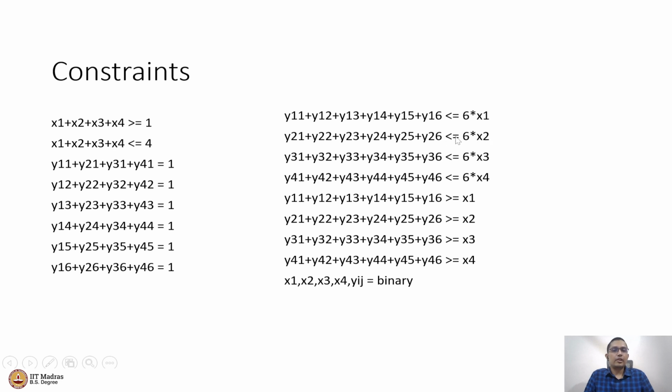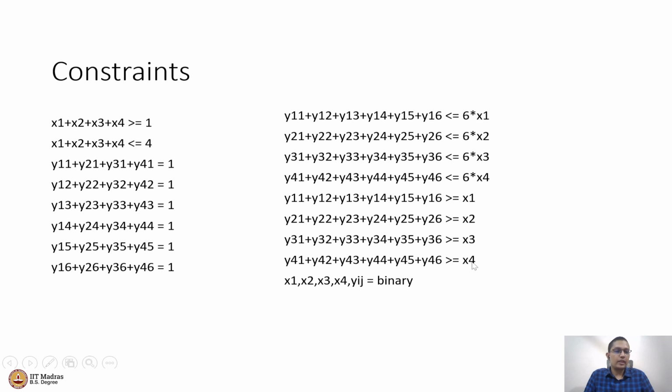Similarly, we have a constraint for the second location, third location, and fourth location. So here, let us take x4. If x4 is 1, at least one of the suppliers will be mapped to x4, right? So that's a very interesting constraint.